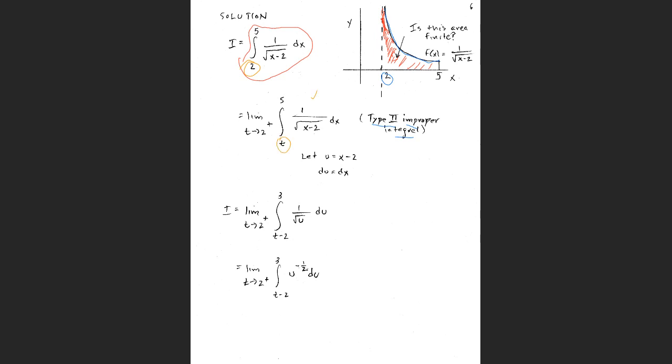And then we take the limit as t approaches 2 from the right. It's not a two-sided limit. You're not approaching 2 from the left and the right. Since your limits are from 2 to 5, you have to be approaching 2 from the right side.